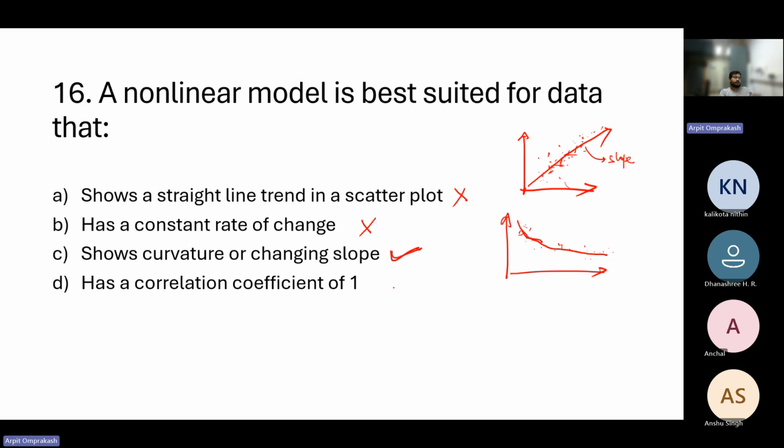Has a correlation coefficient of 1. Again, this is wrong because correlation coefficient of 1 or -1 indicates a perfectly linear relationship. So it will either be something like this or something like this, and a linear model is suited for it. So the answer here will be option C, shows curvature or changing slope.